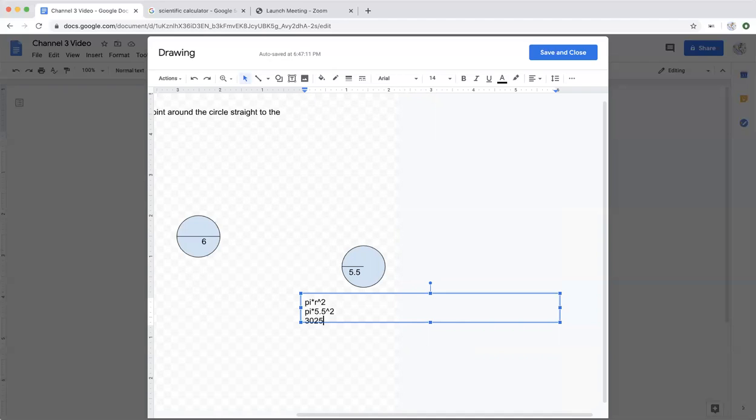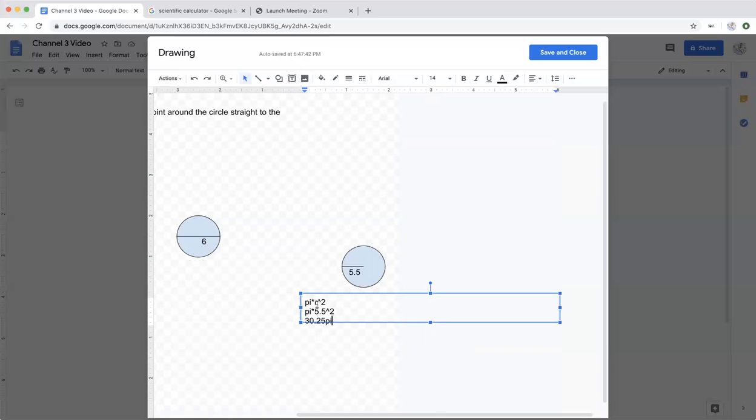And since there's a decimal point right before the end, right? One before the end on one and one before the end on the other 5.5. The answer would be 2 before the end. So it would be 1, 2. So the answer would be 30.25 pi.